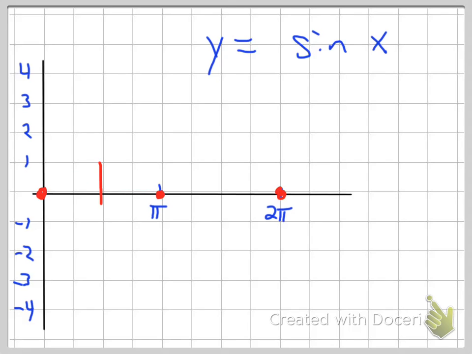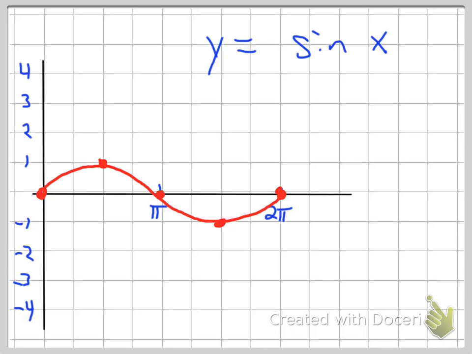So halfway between there, it's going to be its highest point. Its highest point is going to be a 1 because the amplitude is 1. Halfway between these 2 points, it's going to be its lowest point. So right there. Now if I just draw a smooth curve through that, that is one cycle.